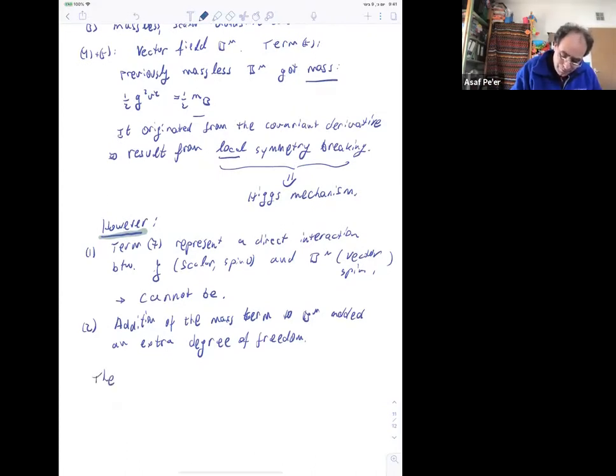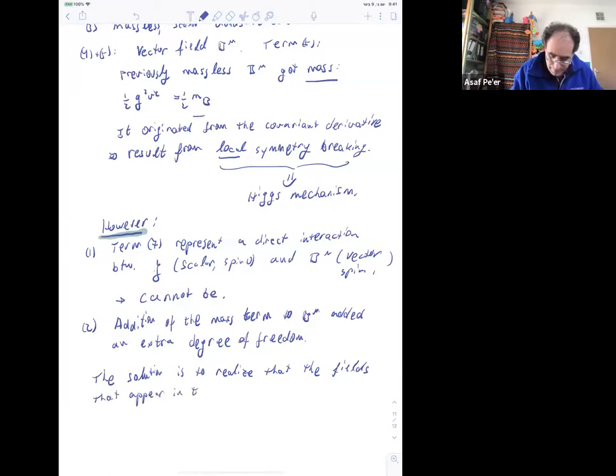The solution is to realize that the fields that appear in the Lagrangian are not physical fields.